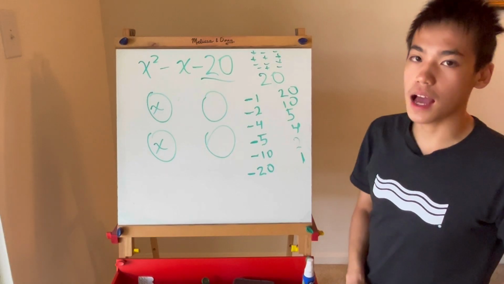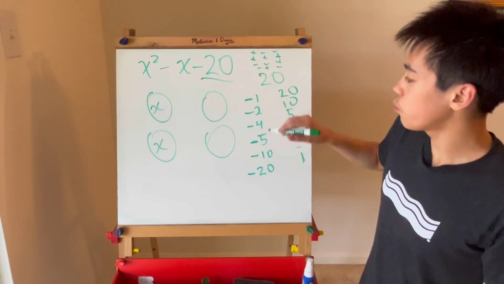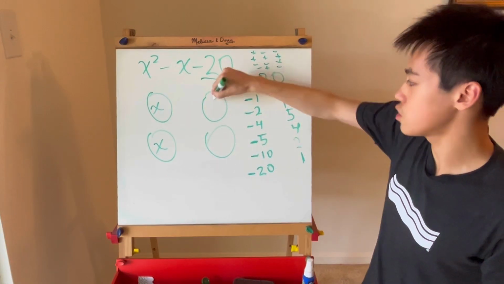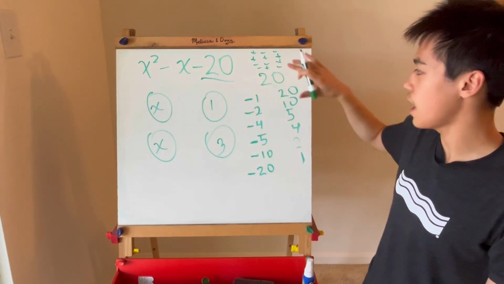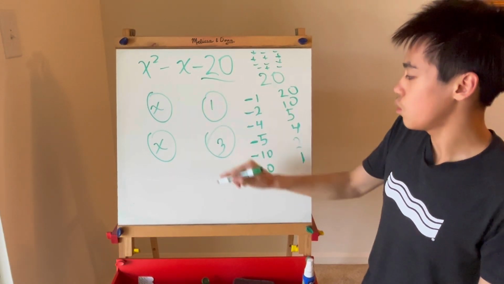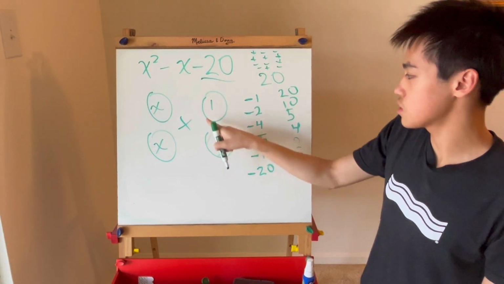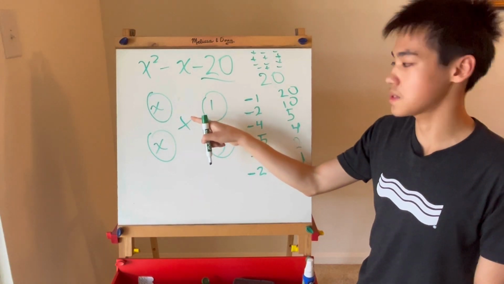So now we can see how this narrows down our search a lot. Remember that when we put numbers over here, let's say we just put 1 and 3 for now. This doesn't have to do with 20, but if we just put 1 and 3, then our diagonals are just going to be 1x plus 3x, which is 4x.